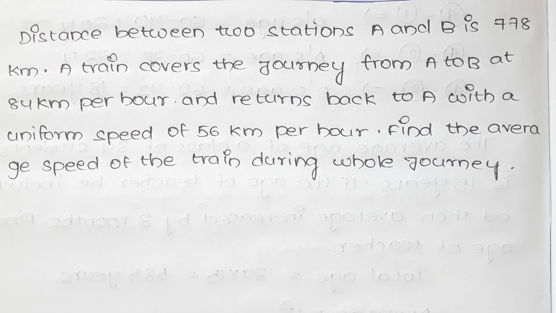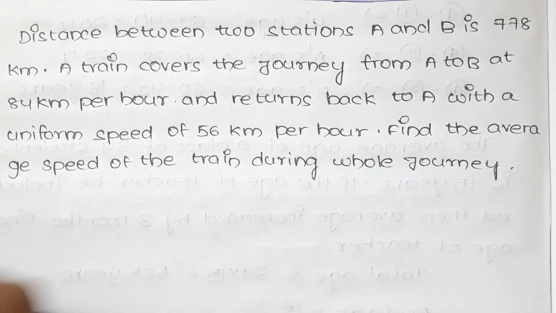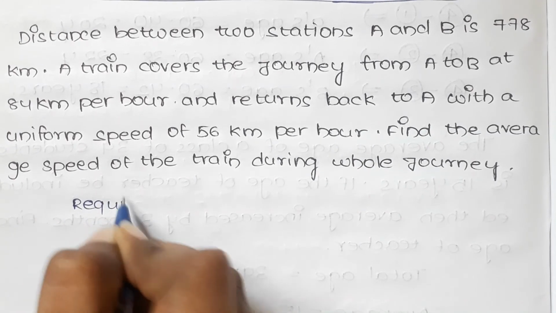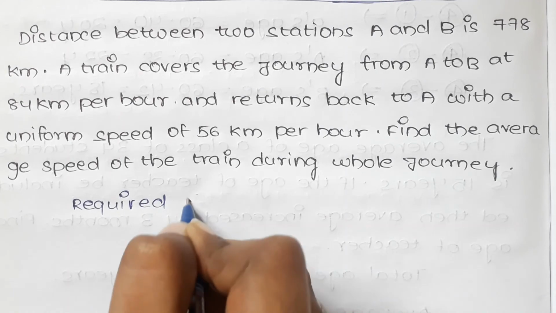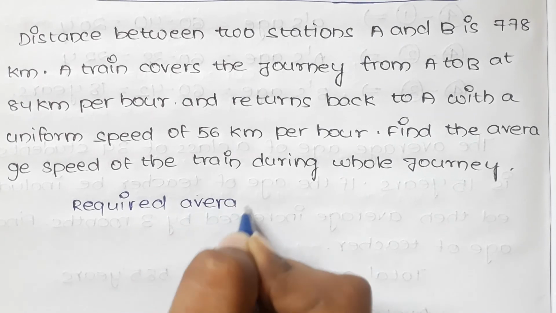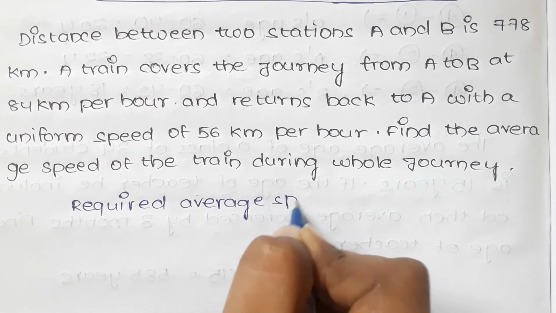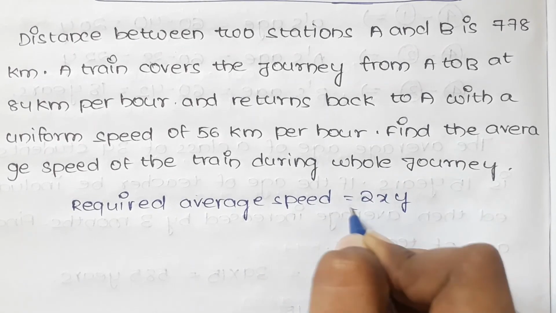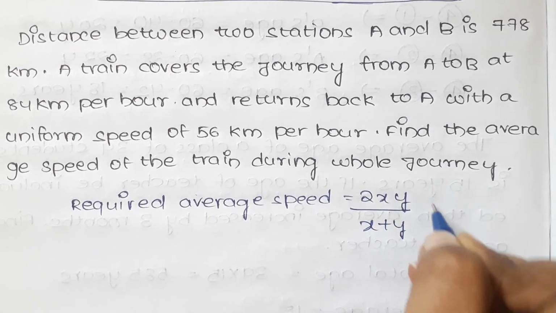Here, to find the average speed between 2 stations, we have a formula. The required average speed is 2xy by x plus y kilometers per hour.